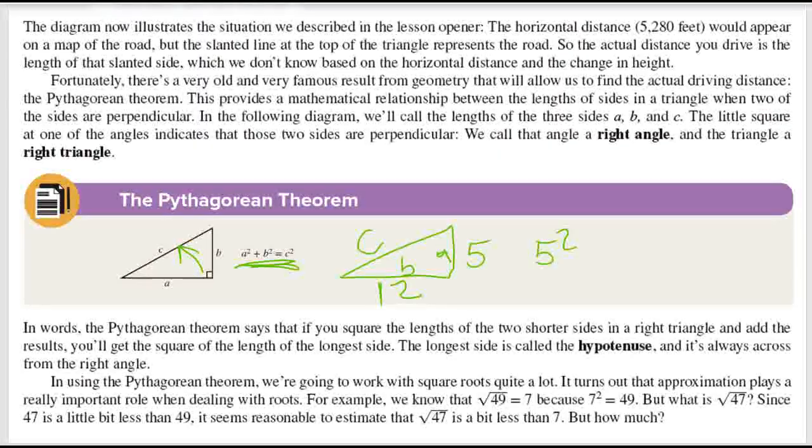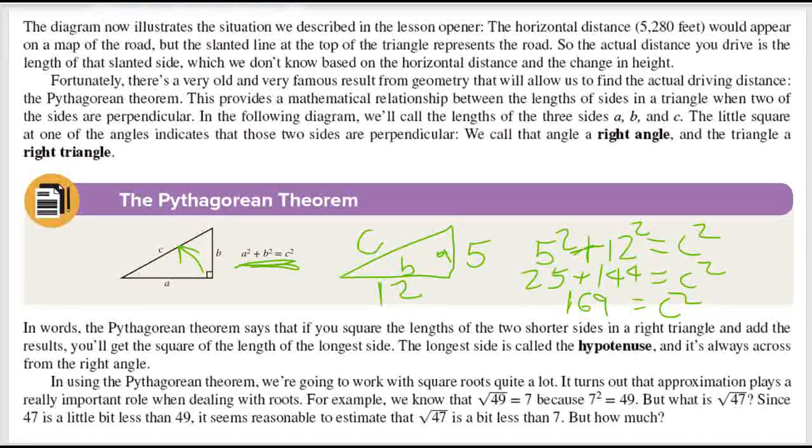C is the important one. So 5 squared plus 12 squared equals C squared. I have 25 plus 144 equals C squared. That gives me 169 equals C squared.